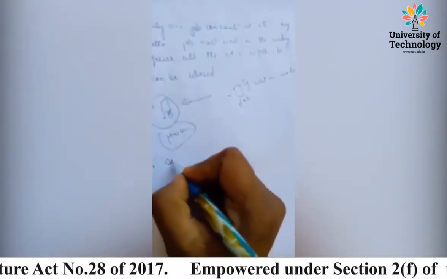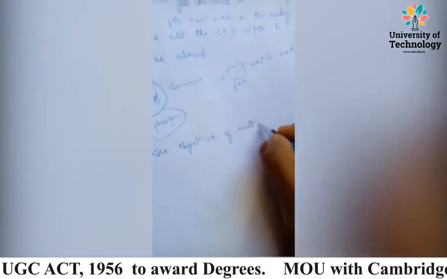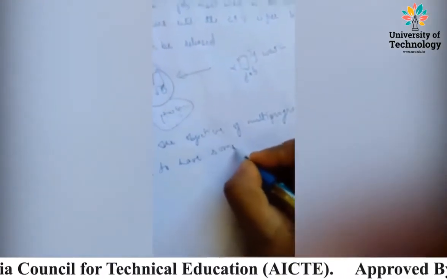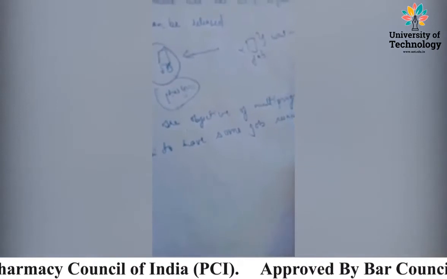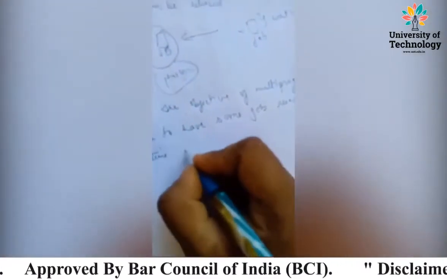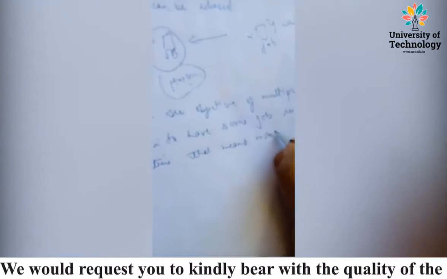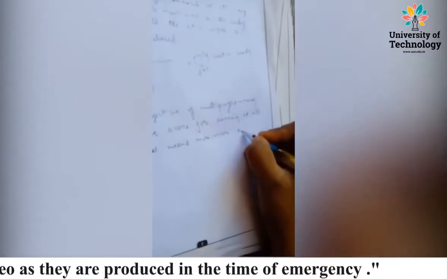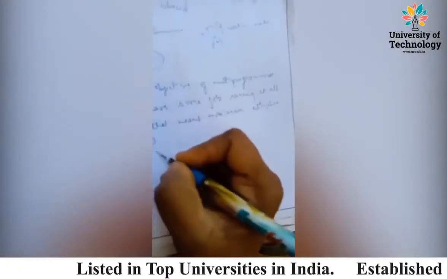So the objective of multiprogramming is to have some job running at all times, that means maximum utilization of the CPU, that is the Central Processing Unit.